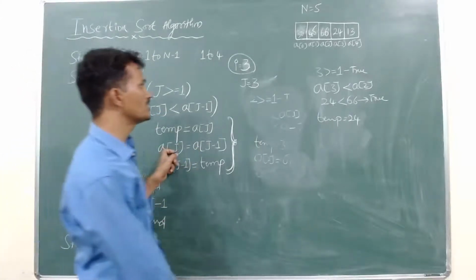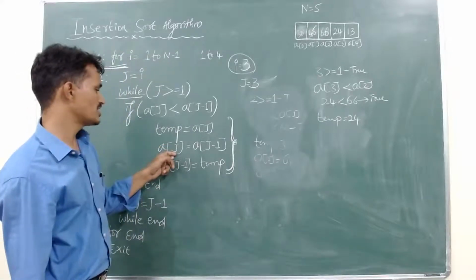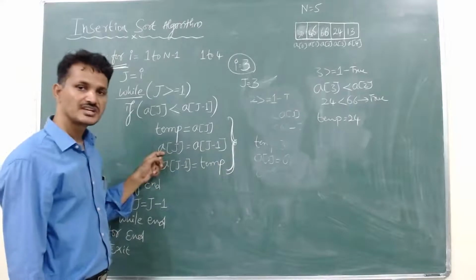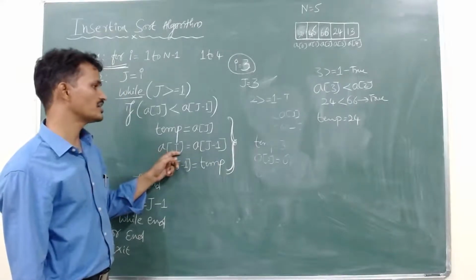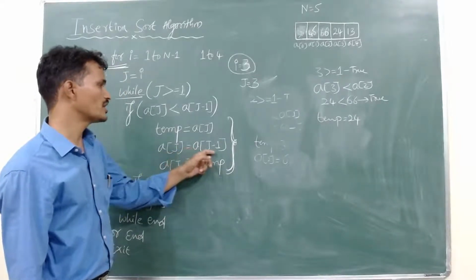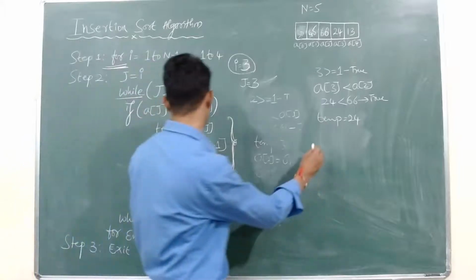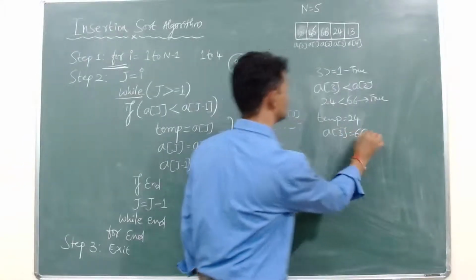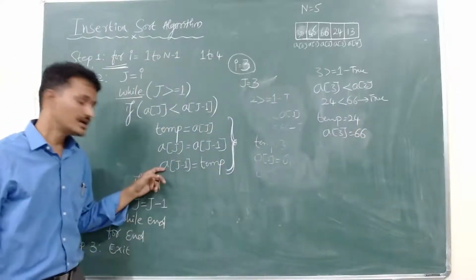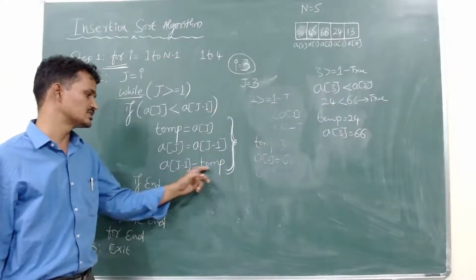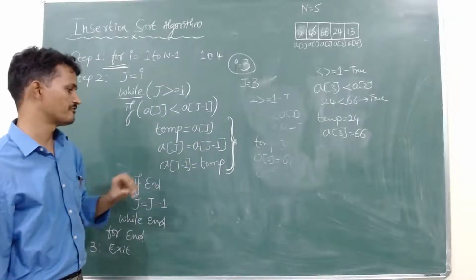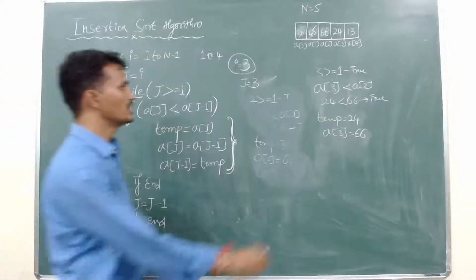So a of 3 is equal to a of 2. 66 will be stored in a of 3. Okay. Now a of j minus 1 is equal to temp. What is the value stored in temp? 24. 24 is assigned to a of 2.